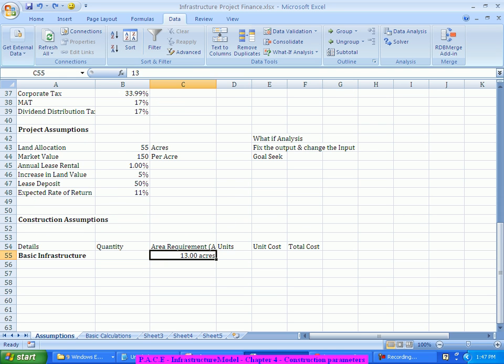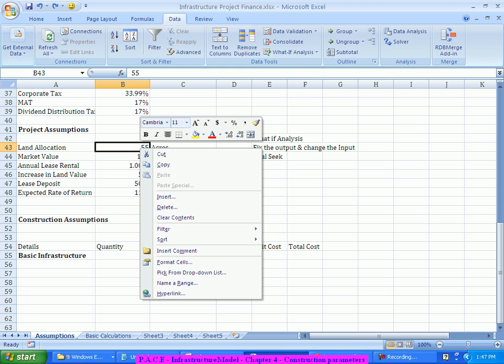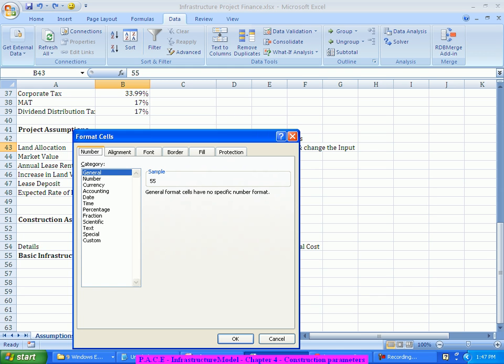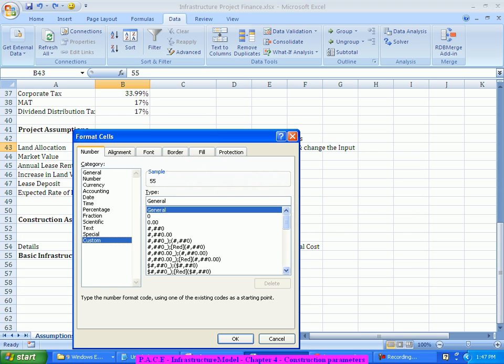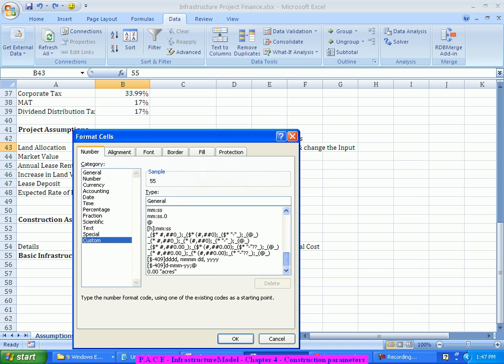Now here also, let's say here 55, instead of saying 55 here and acres here. If I here itself write 55 acres, I cannot actually do the calculations. It cannot do the multiplications or any of the things. So one way is, okay, you format it, which will contain that custom format, whatever is the name you have entered.